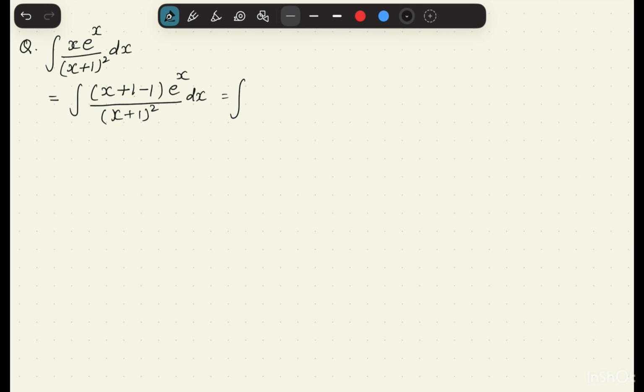So now we will separate these two terms. First we will take x plus 1, and second we will take minus 1. So x plus 1 e to the power x upon x plus 1 square dx minus, so now minus 1 term, minus 1 into e to the power x is minus e to the power x upon x plus 1 square dx. Okay, and again when we simplify this, what we get?